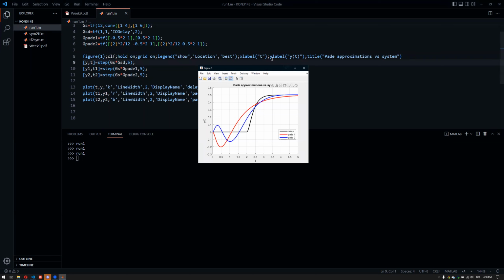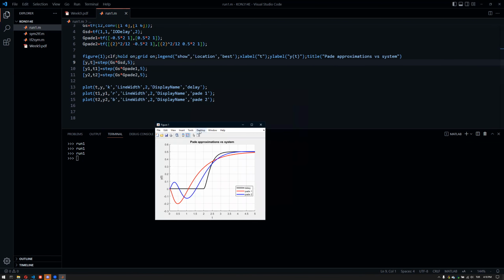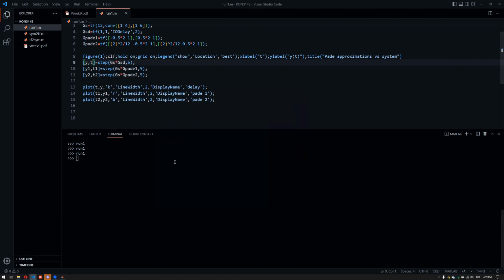Now we have this approximation, and the interesting thing is the following. If you think about linear systems, even if you have an approximation, let's see what G(s) times G Padé 1 is, for example. If you look at this system, there's no way that this system cannot respond, because it is not a system with delay. It's just an LTI system.